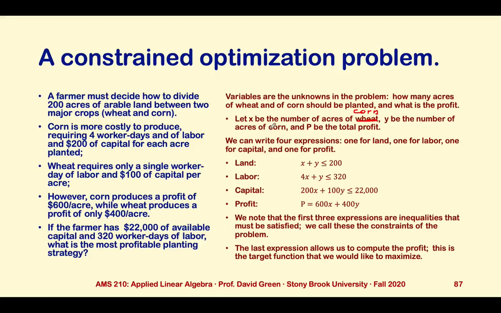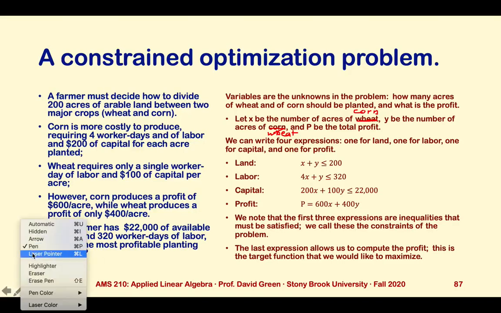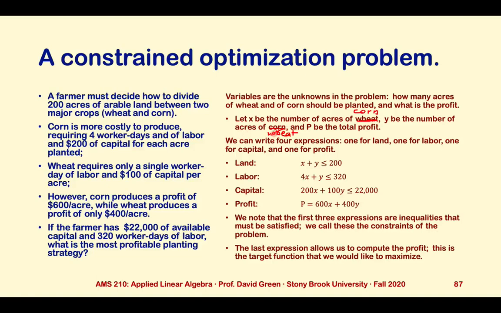X should be acres of corn, Y should be acres of wheat. There we go. I will correct these on the slides that are posted. So X be the number of acres of corn, Y be the number of acres of wheat, and P be the total of profit.